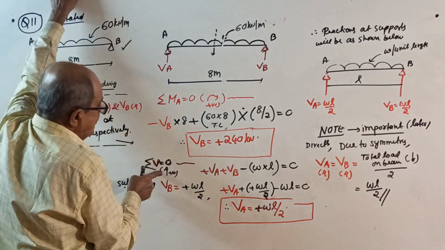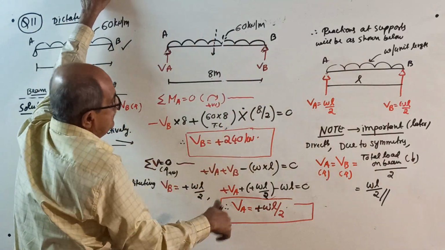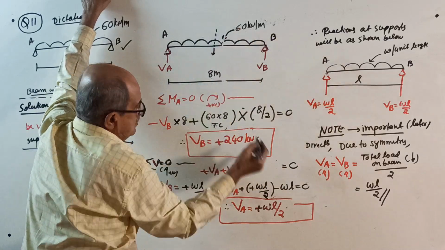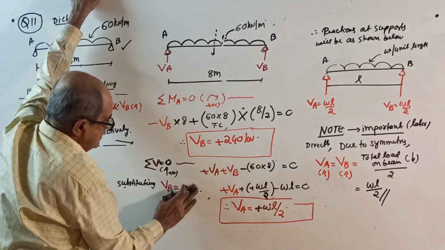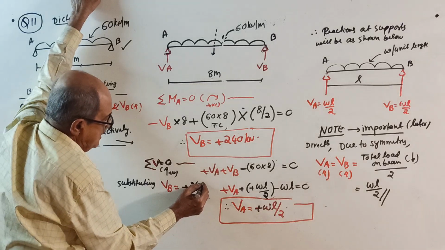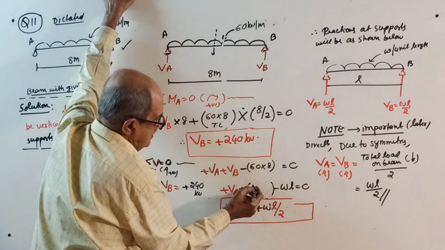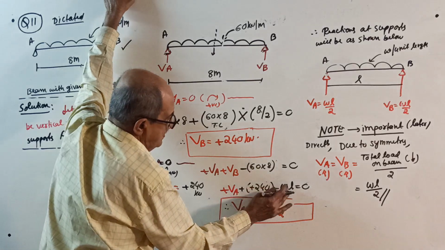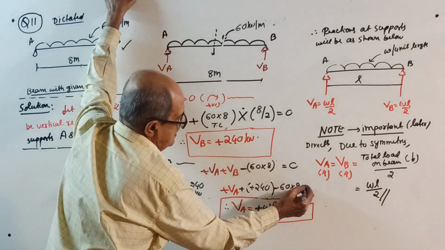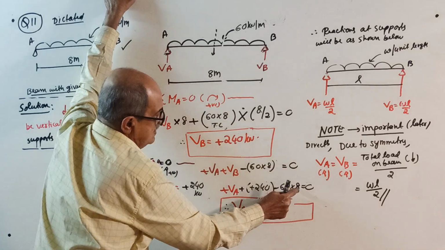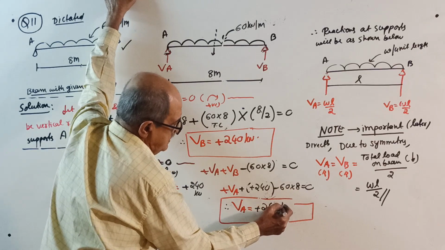Then sigma V equal to 0, upward positive: plus VA plus VB minus 60 into 8, which is the total load, equal to 0. Substitute VB equal to plus 240 kilonewton. VA plus 240 minus 60 into 8 equal to 0. Your VA will come 8 into 60 is 480 minus 240, once again plus 240 kilonewton.